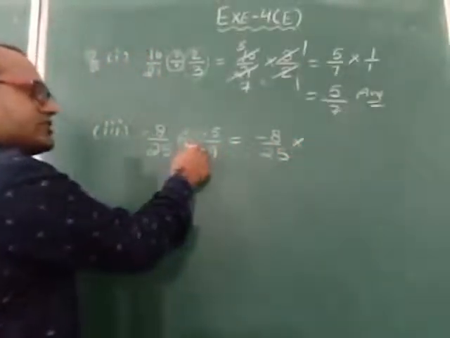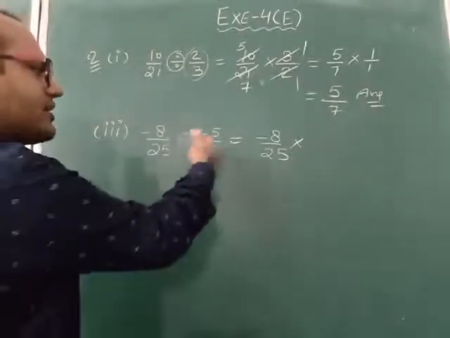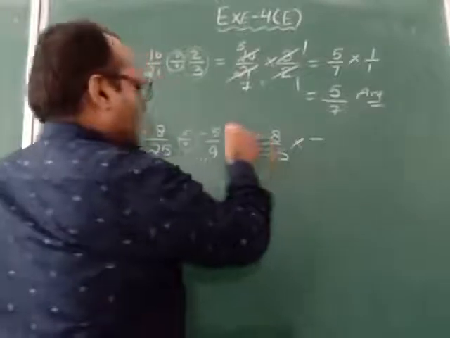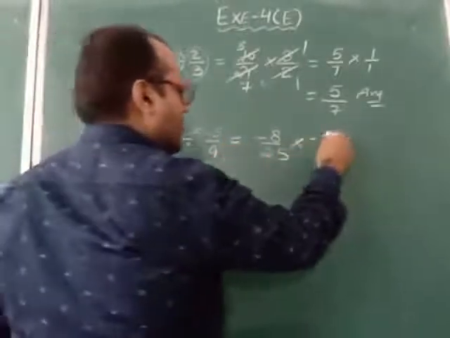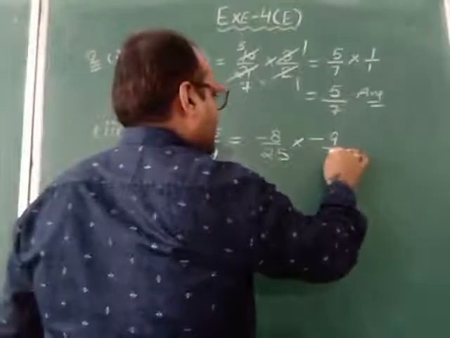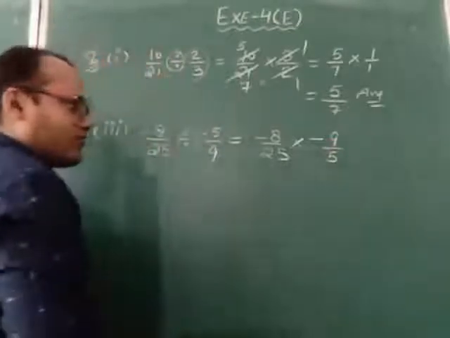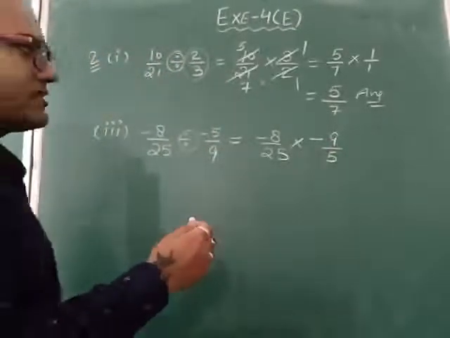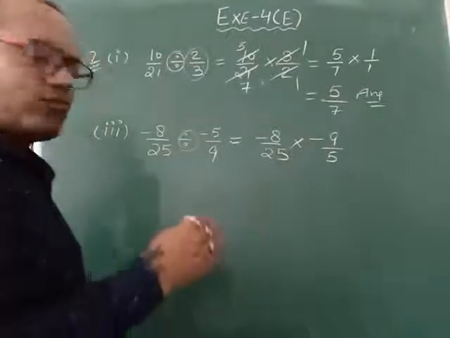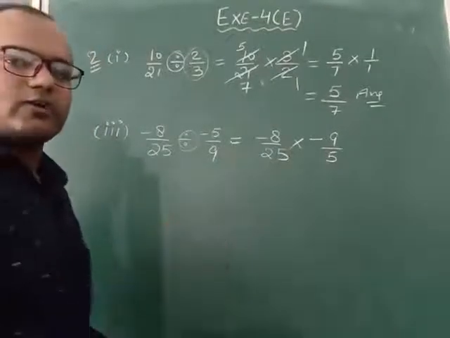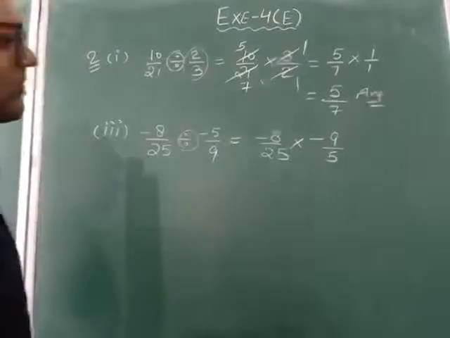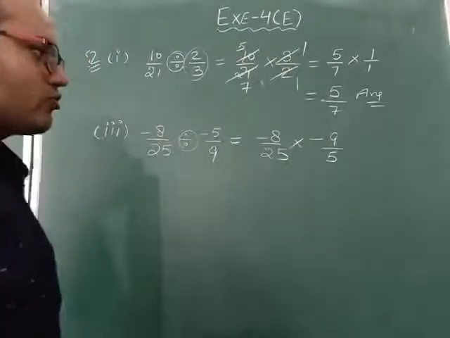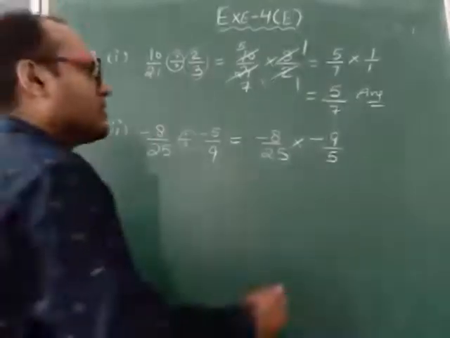When we will change this divide into multiply, right hand side number will get reciprocal, minus will remain at its own place. 5 upon 9 is written here, instead of 5 upon 9 we will take 9 upon 5. Now what we have to do, we have to check whether any number is coming in a same table or not. We have to cancel numerator and denominator with the same table. So if we will check here, no number is getting cancelled. So what we have to do, we have to simply multiply them.